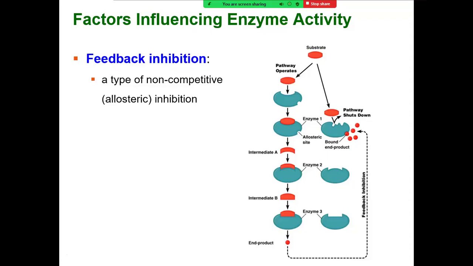The lower limit is if there isn't enough end product in the cell, then there won't be enough end product to bind to the first enzyme. And as I mentioned, once it's bound, it can fall off. And so some of the enzyme will start becoming active because they don't have this end product bound to them. Any question about any of that?